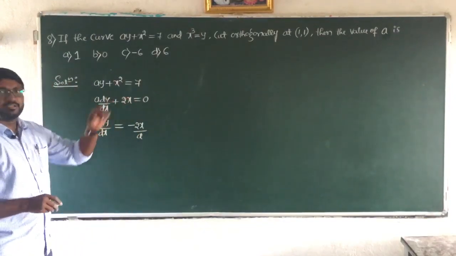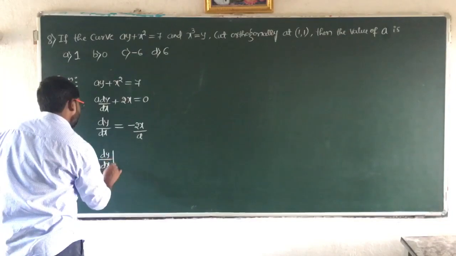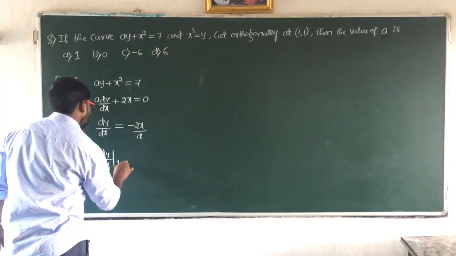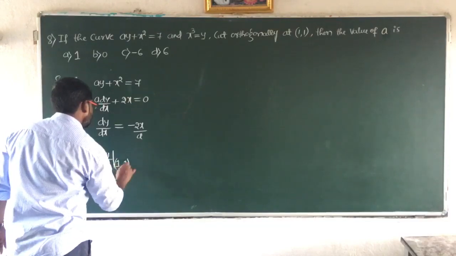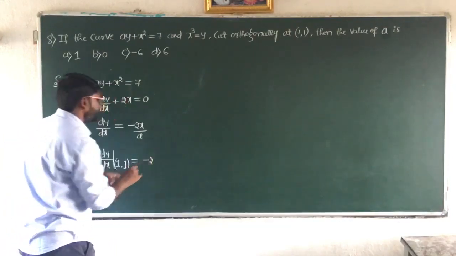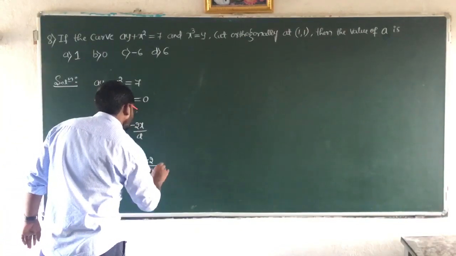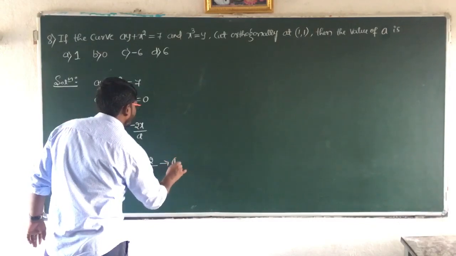Now at 1 comma 1, dy by dx at 1 comma 1 is equal to minus 2, x value is 1, 2 into 1 is 2, divided by a. I call this equation number 1.